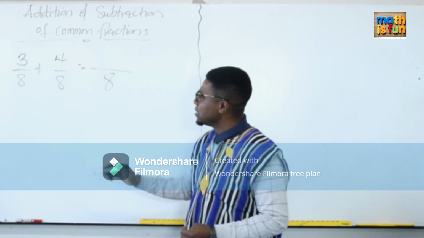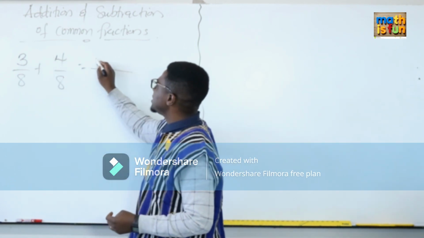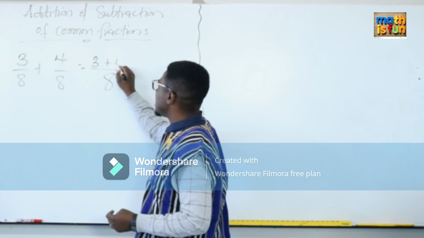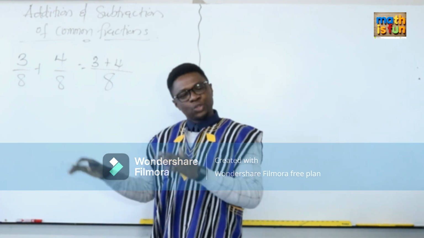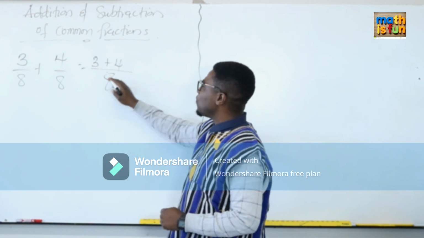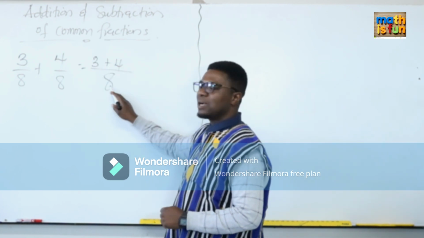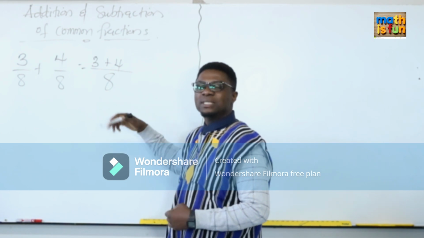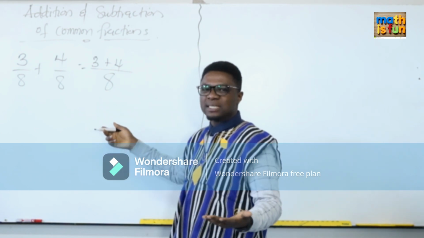And fast forward, we just add our numerators, 3 plus 4. So in this particular case, 3 is being added to 4 and they are all over 8, because the common denominator is 8.